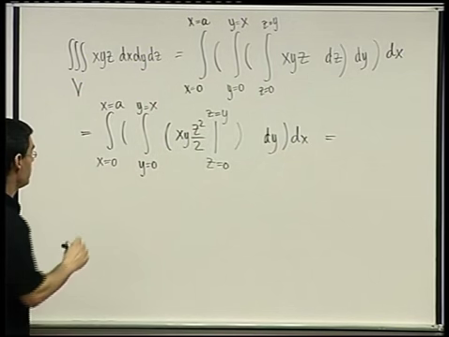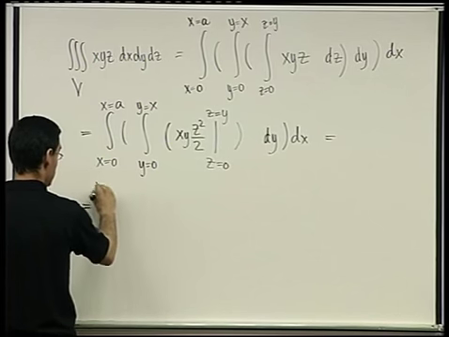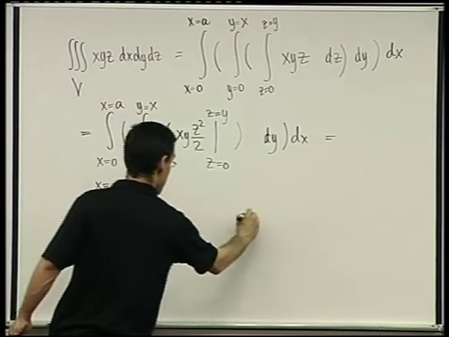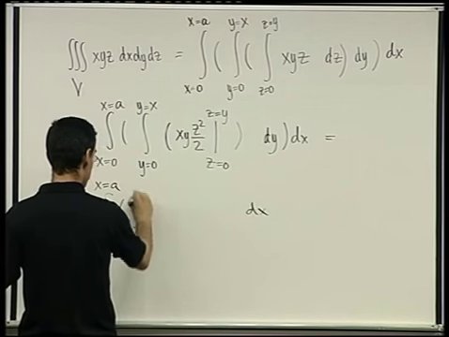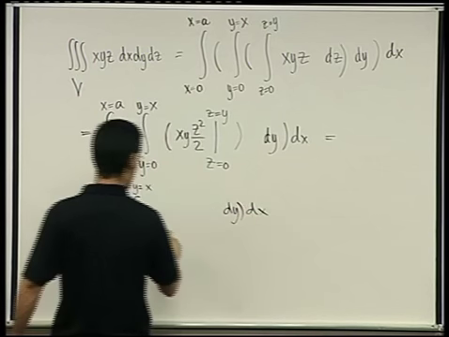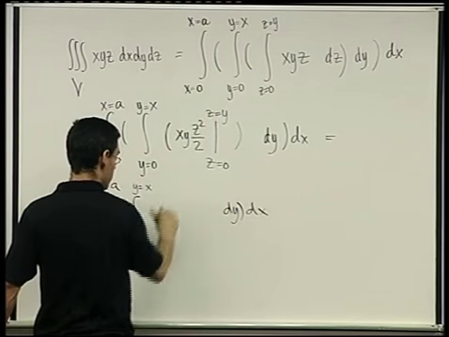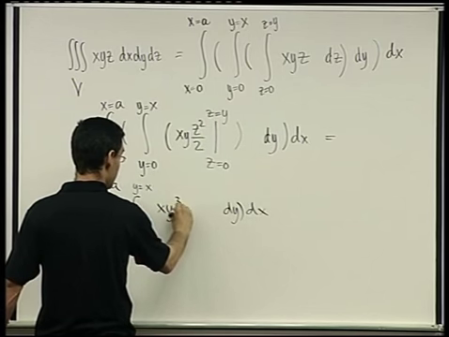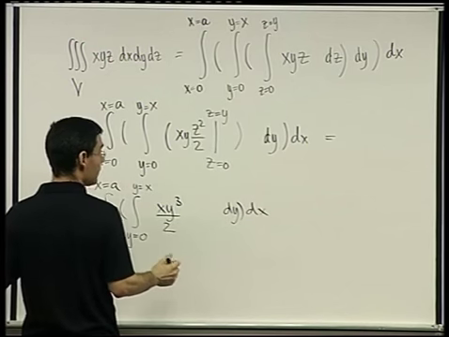That's the Newton-Leibniz formula, antiderivative. So it's the integral from x equals 0 to x equals a dx of the integral from y equals 0 to y equals x dy of xy times y squared, so it's xy cubed over 2, and when I plug in 0, I get nothing. So this is it.